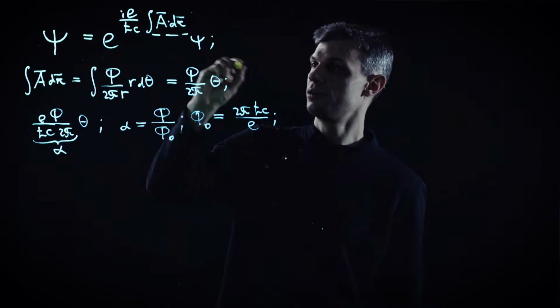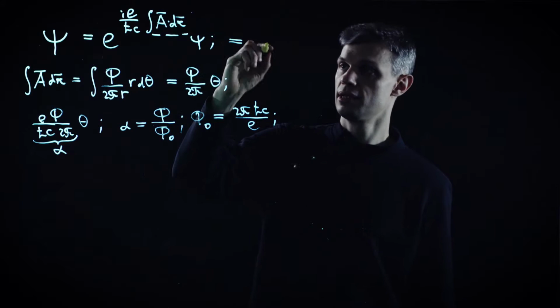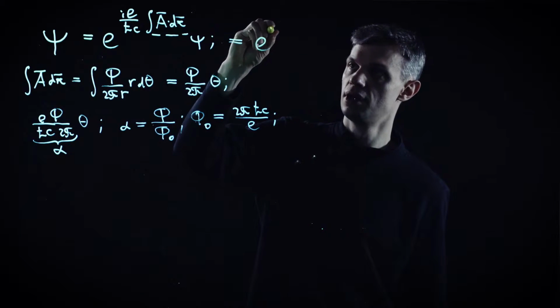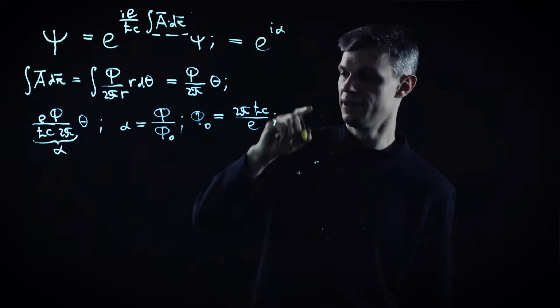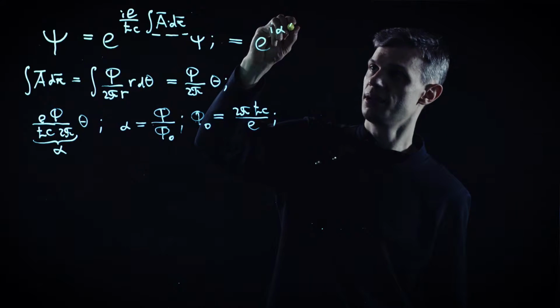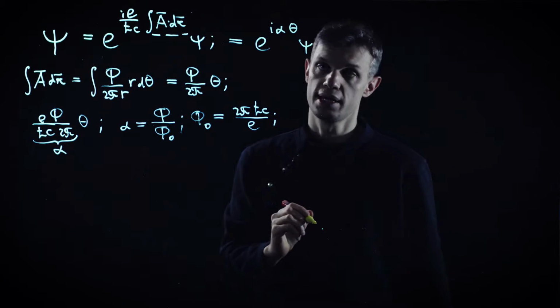So now our change of variables of wave functions looks as follows. It's e to the i alpha, this ratio of flux to the quantum flux, times theta, times psi small.